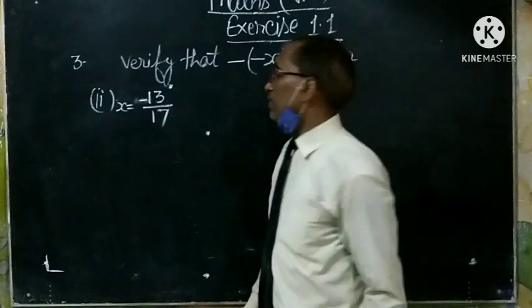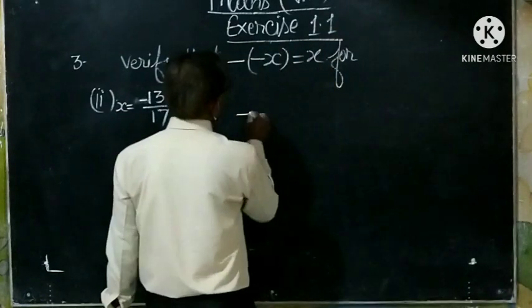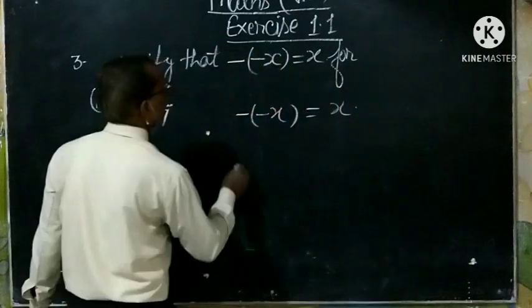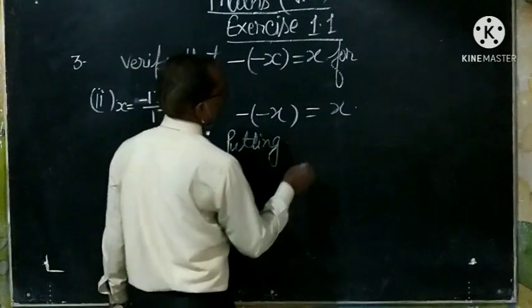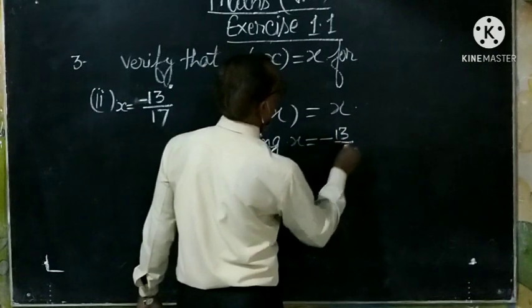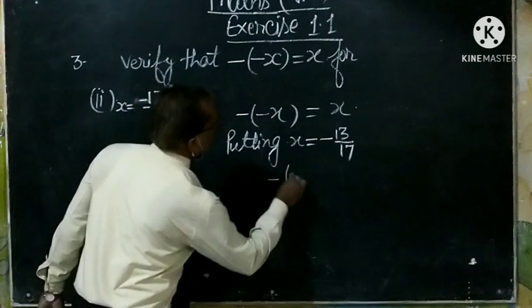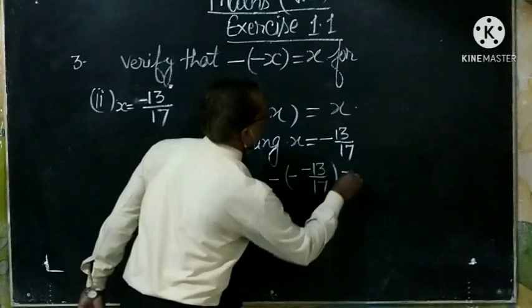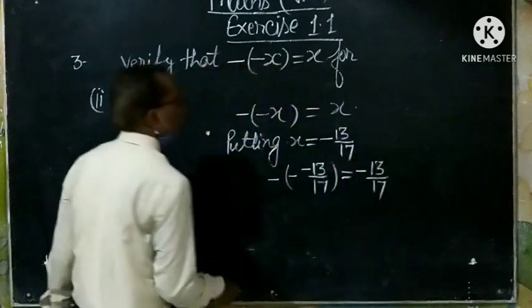In this question, first of all, I write both sides: minus of minus x is equal to x. Putting x is equal to minus 13 upon 17, minus of minus 13 upon 17 is equal to minus 13 upon 17.